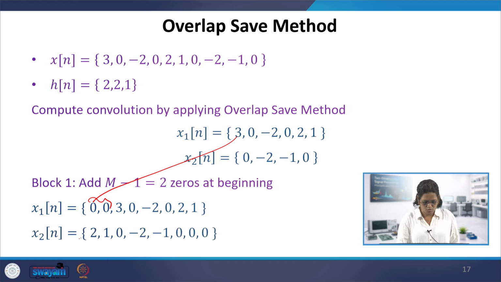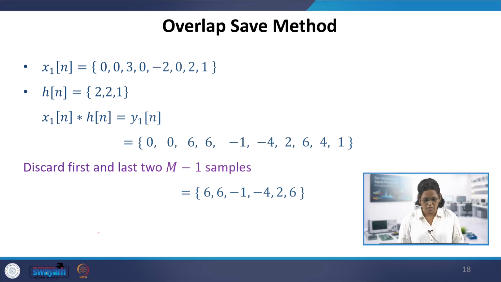Then for x2, we repeat this m minus 1 of the previous sequence again in x2. Then this portion is appended with zeros, so you can see 2 1 0 0 0 to make this length 8. Now this 0 2 1, and the 2 1 is repeated over here, and then the 0 0.